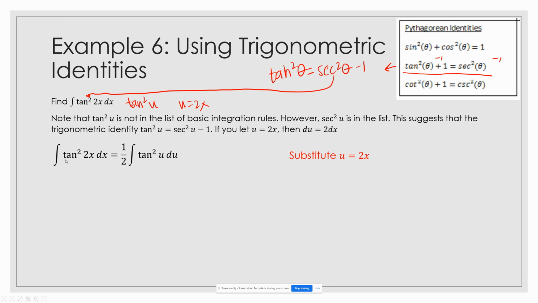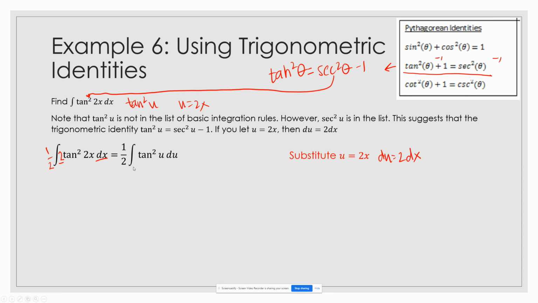It used to be the integral of tangent squared of 2x dx, and now it's going to be 1/2 tangent squared of u du. Where did that 1/2 come from? Oh yeah, du is 2 dx. We didn't have a 2 out front before. And so by putting a 2 here, we have to put a 1/2 here. Now the 2 and the dx become our du.